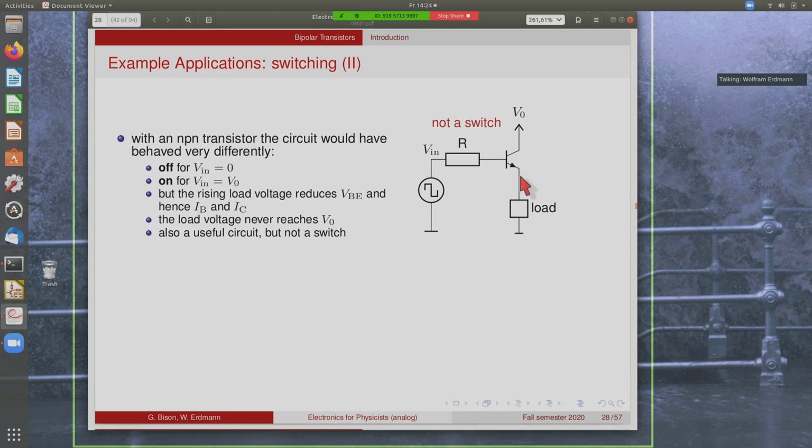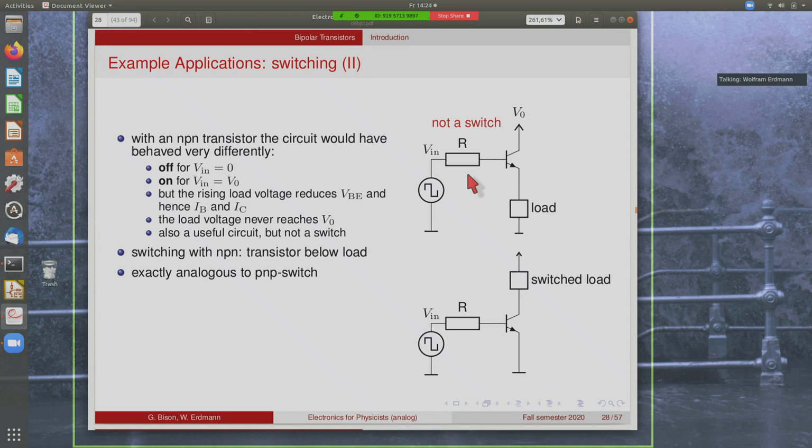It will end up in a situation where the load is not completely turned on, and the controlling voltage here is not the full voltage, but it is very small. So we're in the lower region of the curve. We later see a very similar circuit without these resistors, which is actually very useful, but it's not used as a switch.